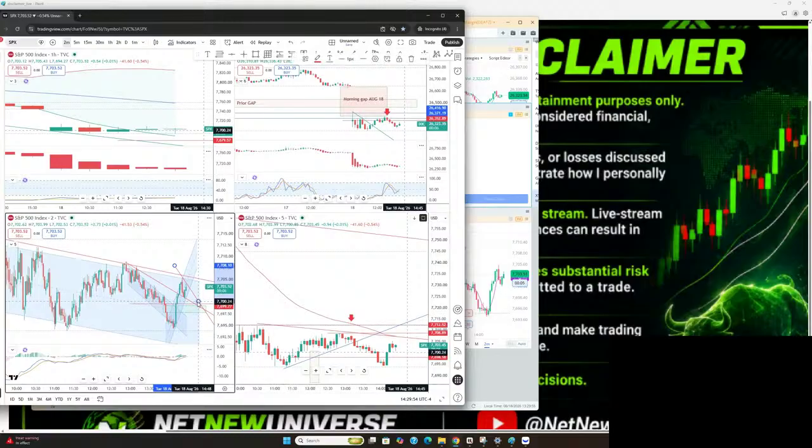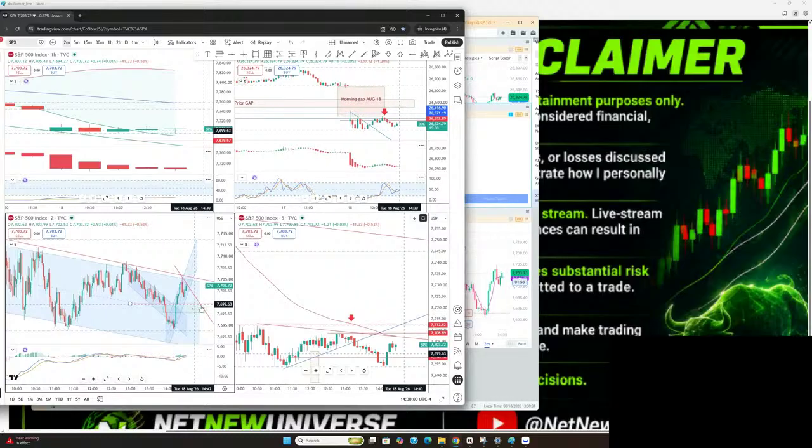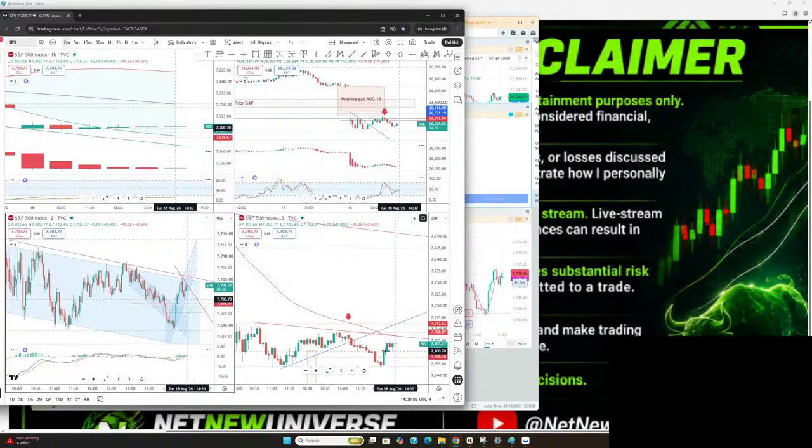Maybe the smaller time frames are not good. Okay, this is okay. There is a red candle possibility here. 45 minutes, because it is closed within the body.